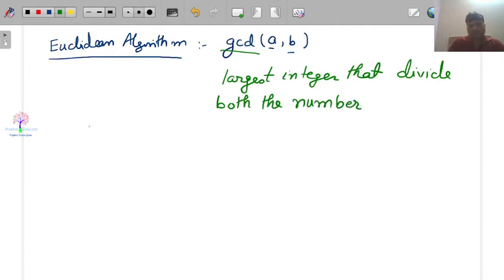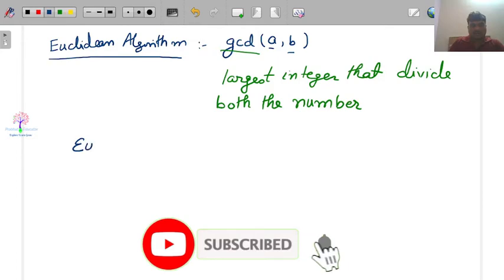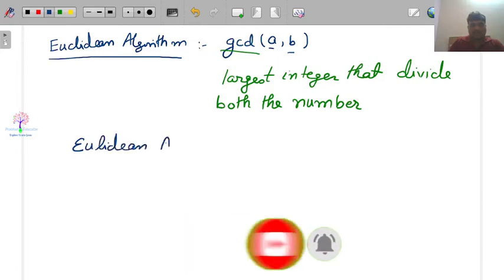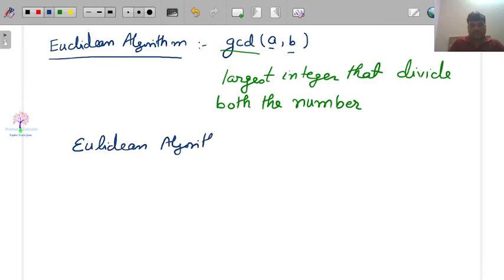So this Euclidean algorithm follows two facts.